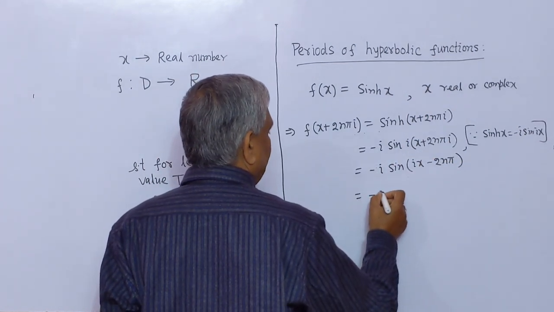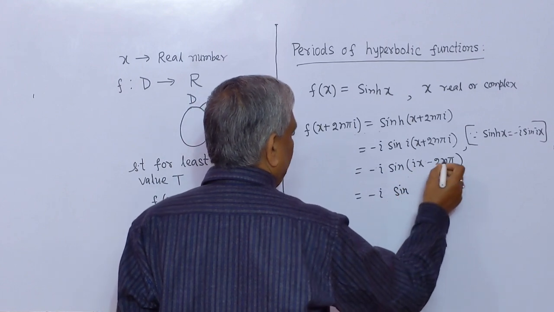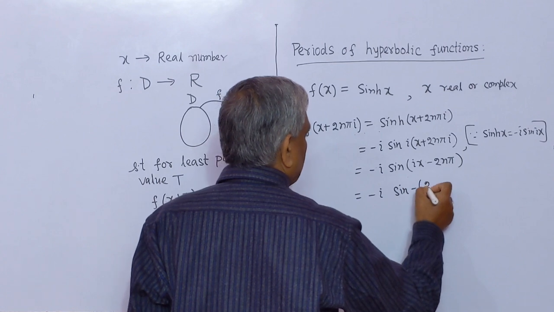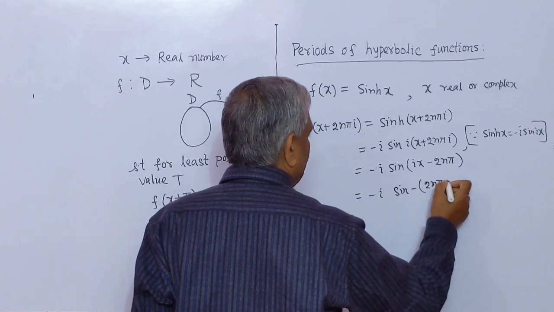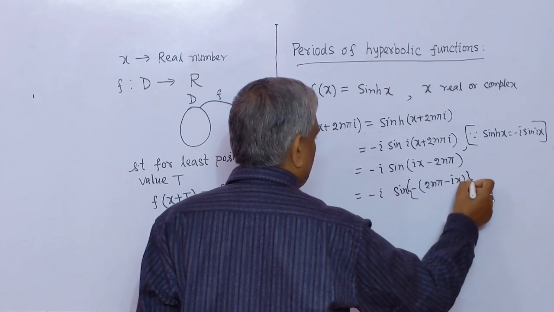This will be equal to minus i sin, we take common minus, (2n pi minus ix).